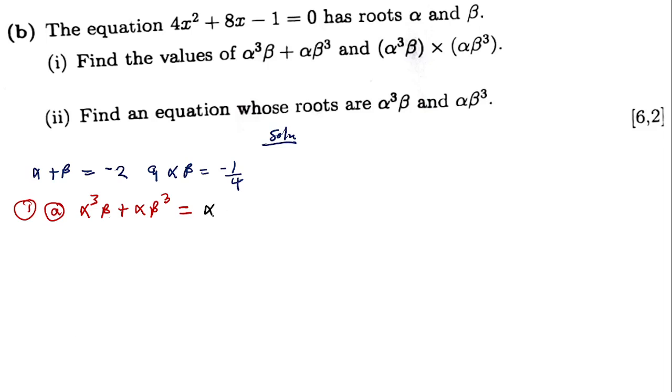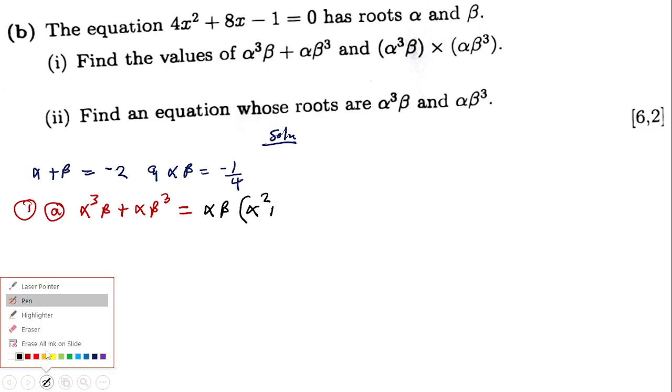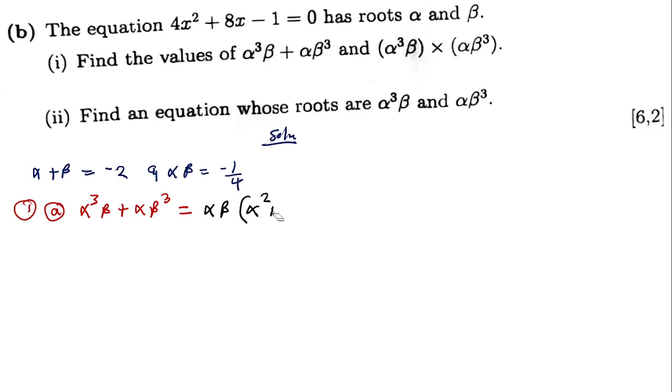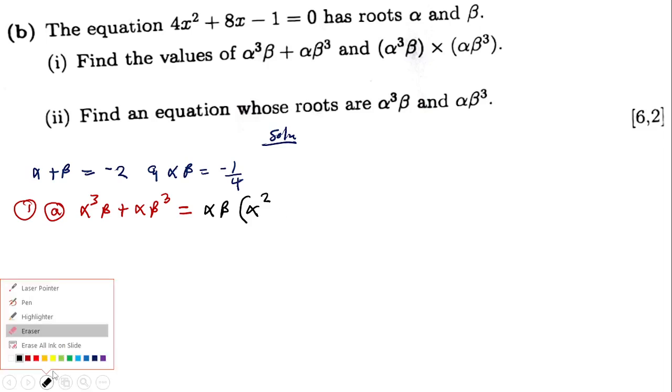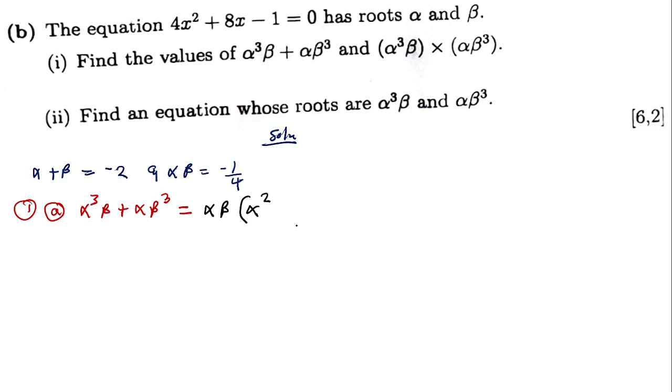So you say alpha beta open brackets, when you factorize there, this will be alpha squared, and then that one will simply be plus beta squared. So this is what you are going to have when you factorize that.